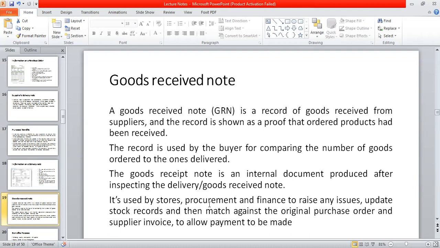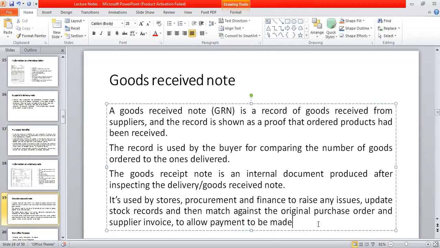It's used by stores, procurement and finance to raise any issues and also to update stock records and then match against the original purchase order and the supplier invoice to allow payment to be made.